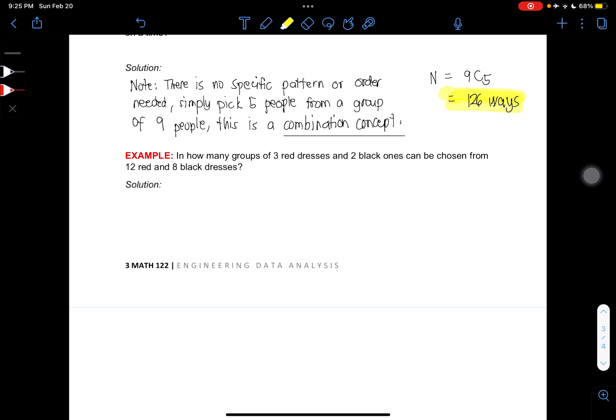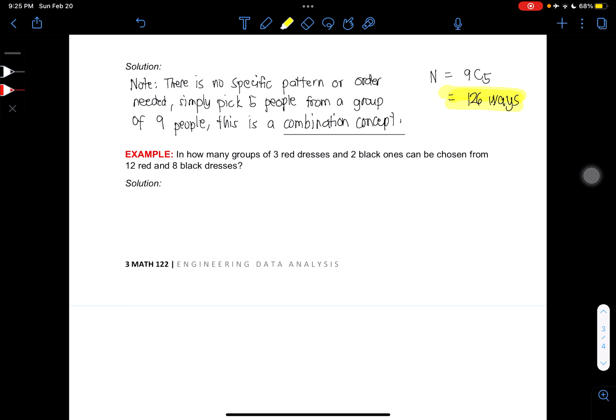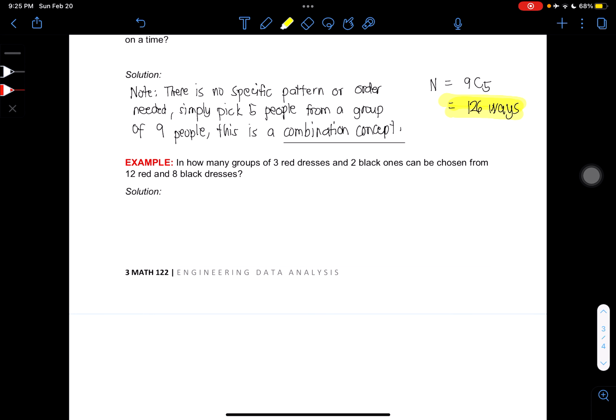So last example for combination for our prelim. In how many groups of 3 red dresses and 2 black ones can be chosen from 12 red and 8 black dresses? So there is no pattern, therefore, combination concept.